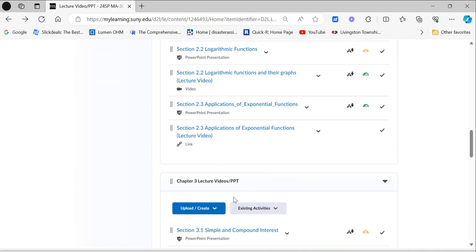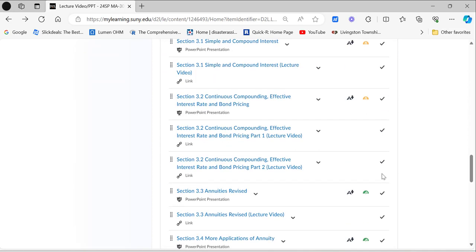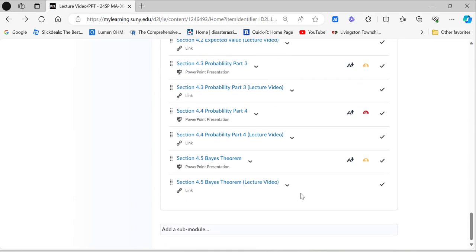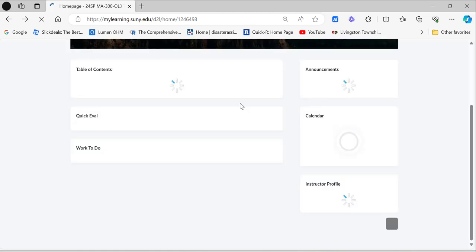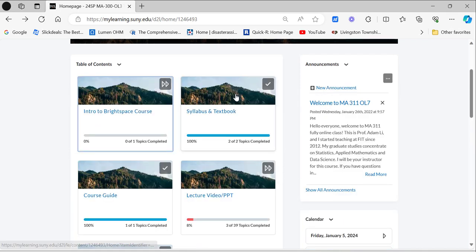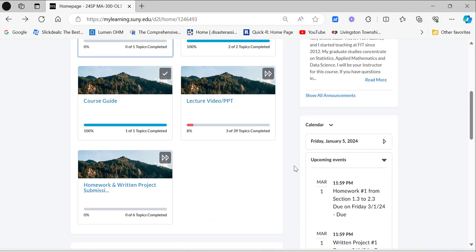Chapter 2, Chapter 3 videos and PowerPoints are all located here in a central place. So that's pretty much everything in our Brightspace course. Again, follow this schedule closely, review the textbook, the PowerPoint and the videos, and you could complete the course successfully.